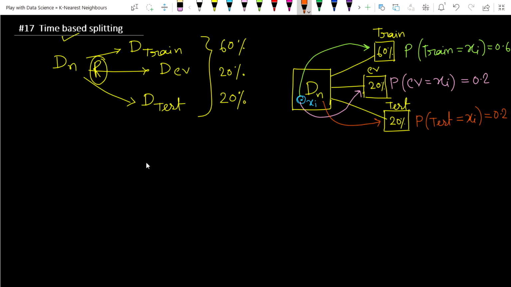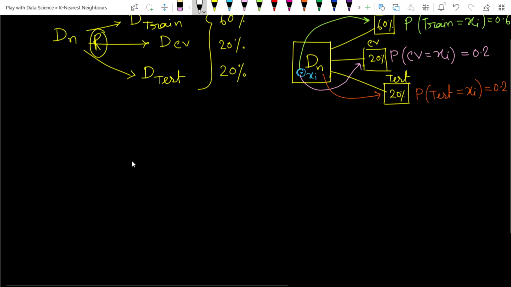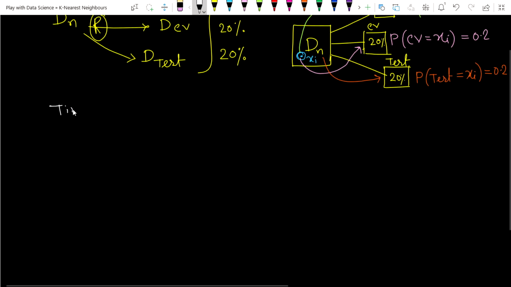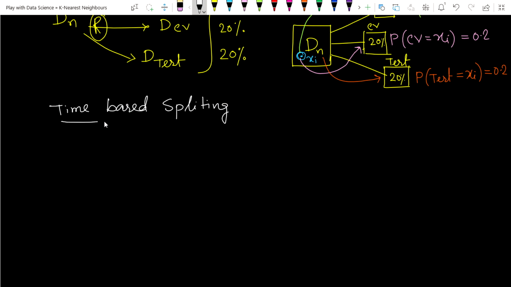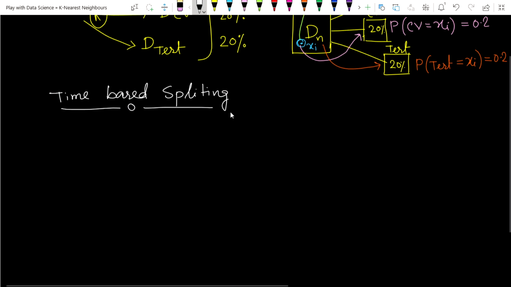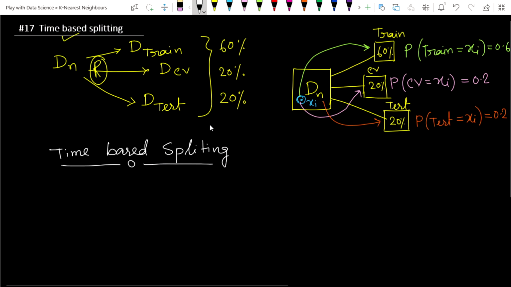Okay, so now let's see what time based splitting actually is. This depends on the situation. We are not saying that time based splitting is always better than random splitting, but there are some cases where time based splitting is better than random splitting. This depends on the type of data sets.